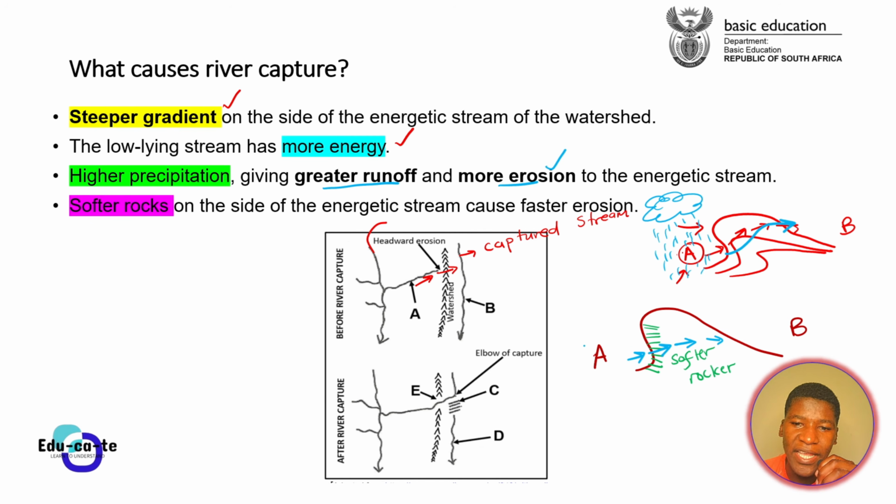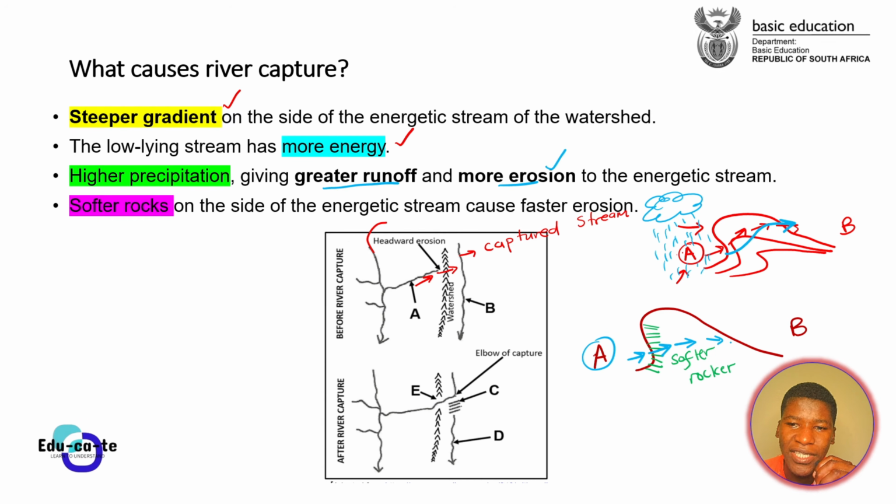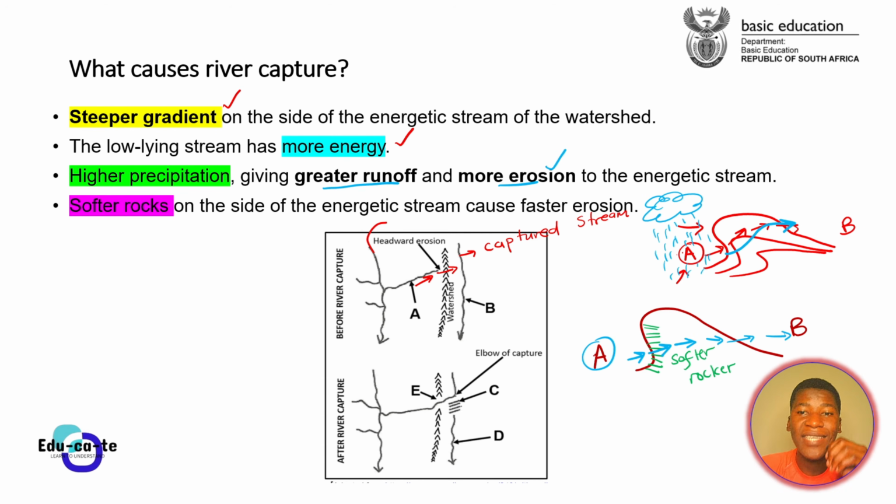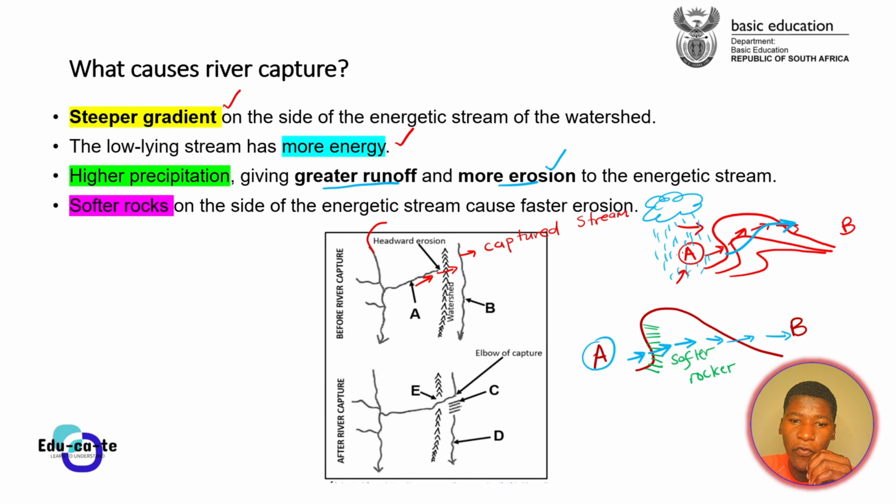So this A erodes through the watershed so that it can steal the waters of River B. So these are some of the causes of river capture that you can look out for.